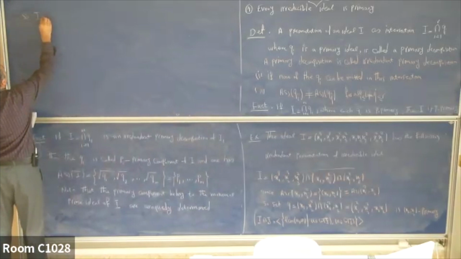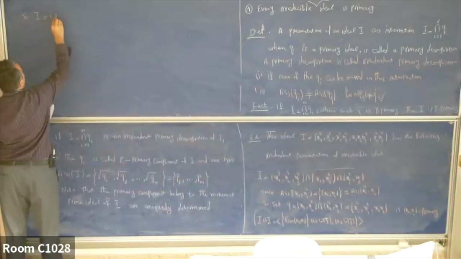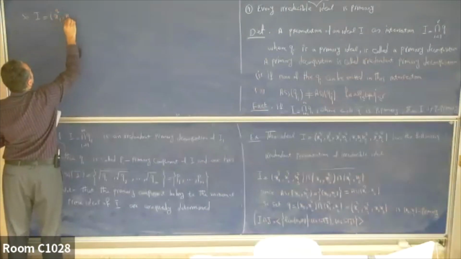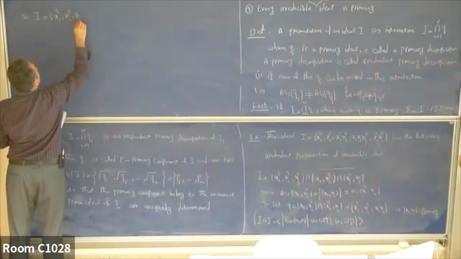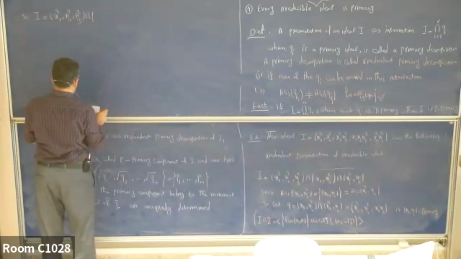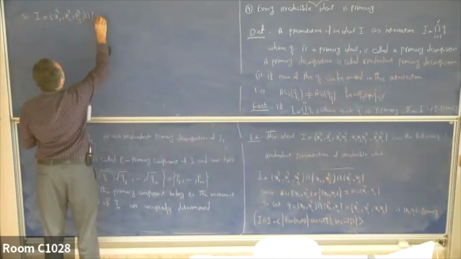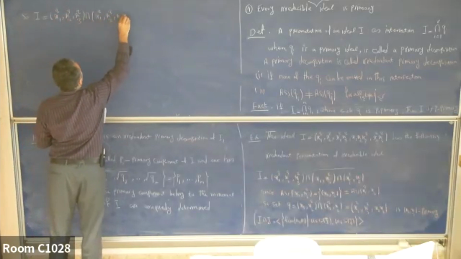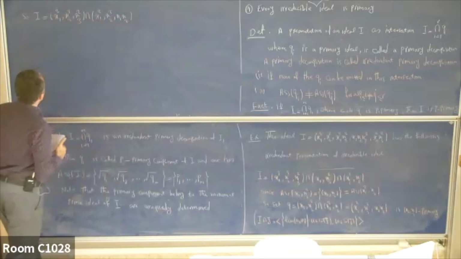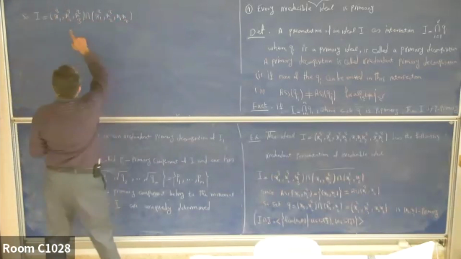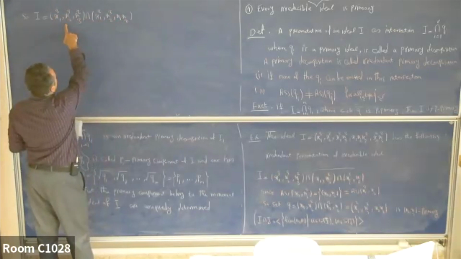I has this presentation: (x1^3, x2^3, x3^2) intersection (x1^2, x2^4) and (x1, x2). This is the redundant primary decomposition of I. This ideal is irreducible, and so primary.